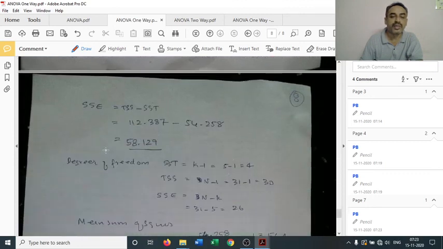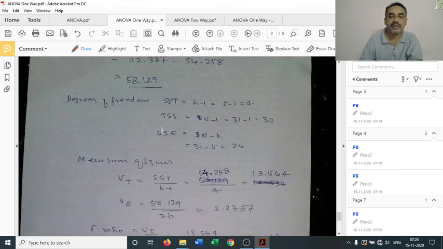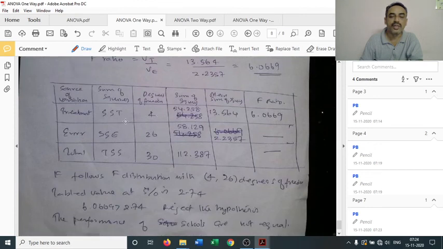Now next is SSC. SSC is TSS minus SST, and next the respective degrees of freedom, expressing all these in the ANOVA table. So we have 4 degrees of freedom because 5 minus 1, number of schools 5, number of treatments 5. 30 is the total number of values, minus 1, that is 30.